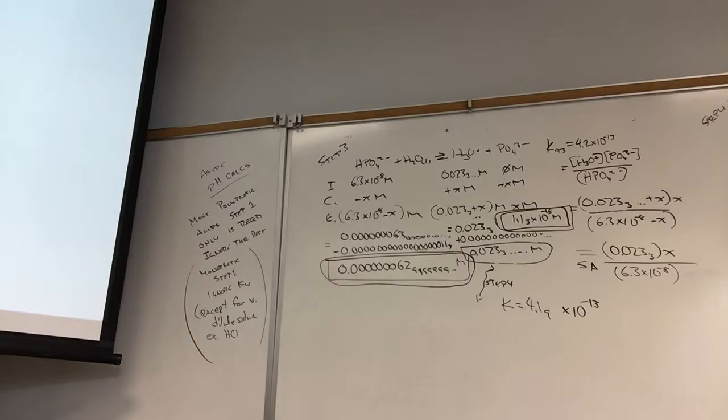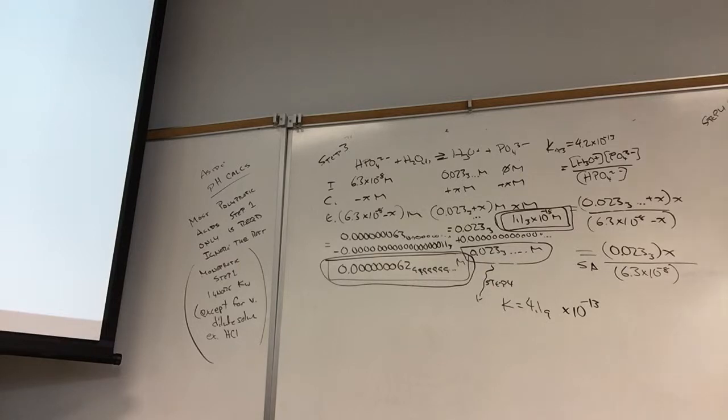and x is equal to 4.29 times 10 to the negative 13. Okay, the percent change here is, the change is 10 to the minus 13. The initial is about 10 to the minus 2, we'll just call it 10 to the minus 2 times 10 squared percent, which is going to give us 10 to the minus 9% change, which is fine.